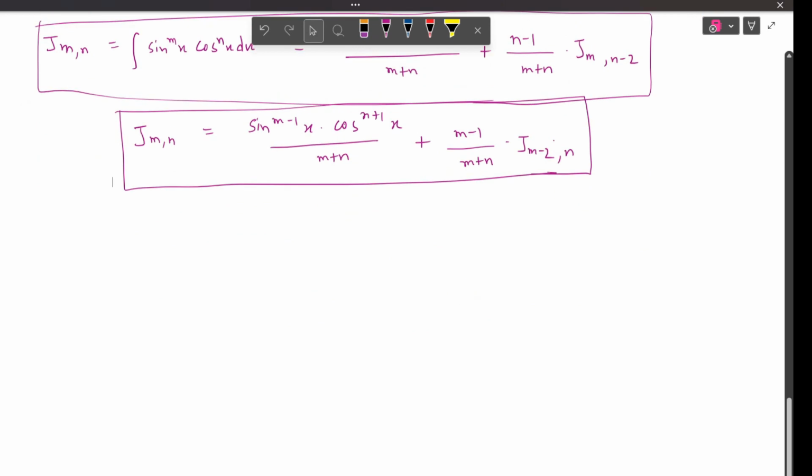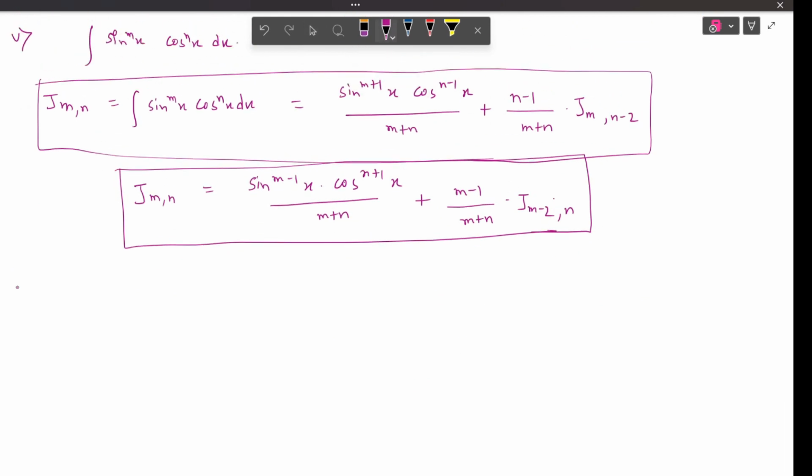Okay. Now let us see our next reduction formula. If you have limit here, let us say I m comma n is integration 0 to pi by 2 sine to the power m x cos to the power n x dx.